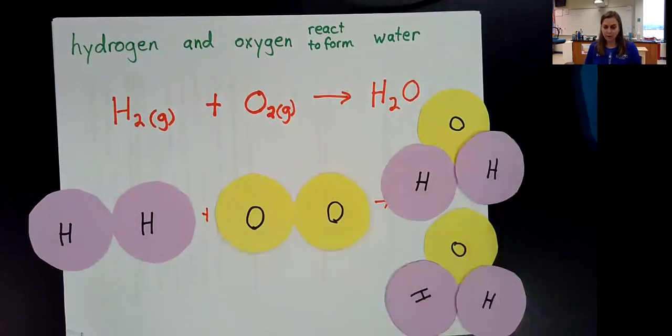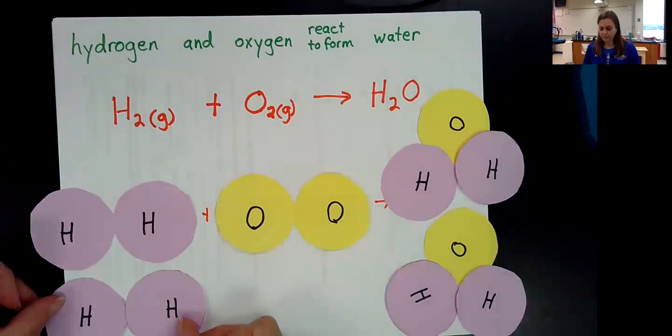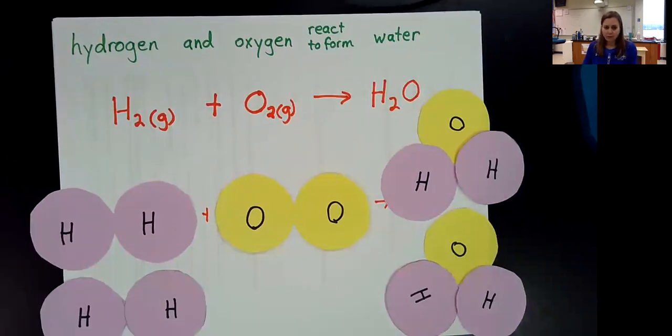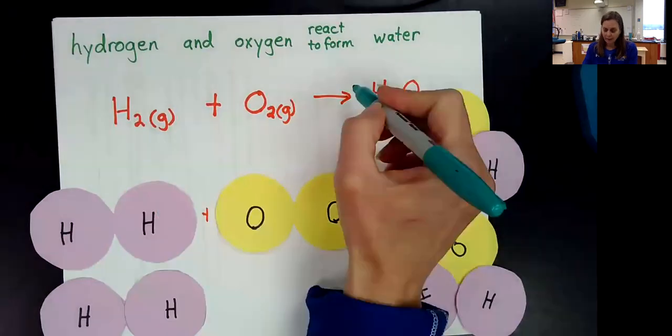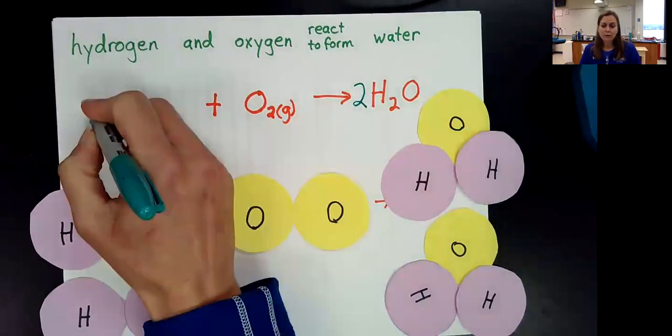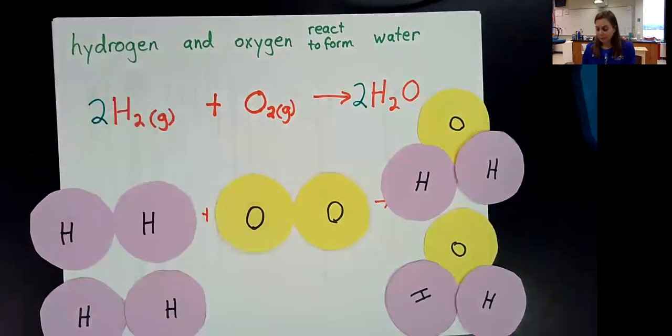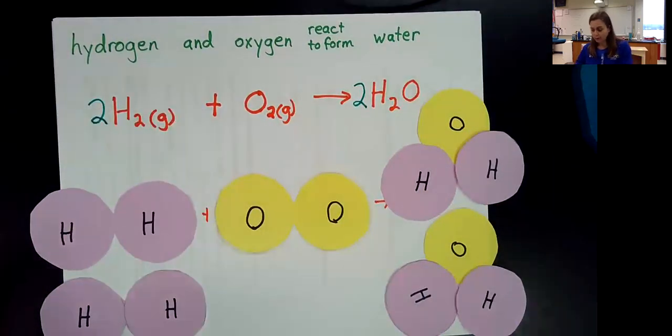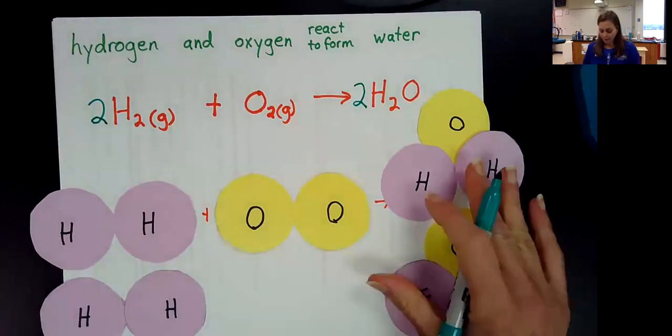So I'm going to solve that problem by adding another hydrogen molecule on the reactant side. So now we're going to go back and use those coefficients. We're going to put a 2 in front of water and a 2 in front of hydrogen. So we've solved our problem. We have 4 hydrogens, 2 oxygens, 2 oxygens.